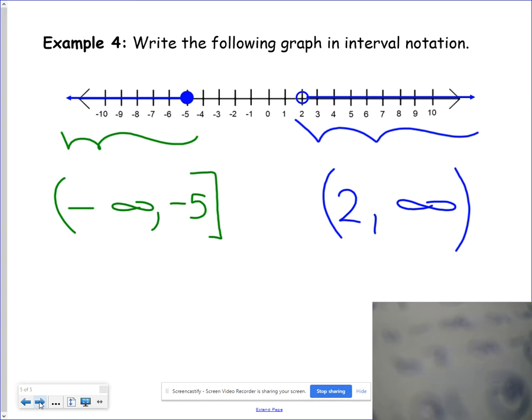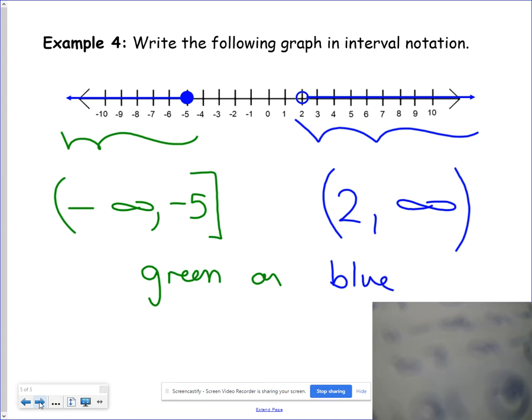Now, I want to write this like a solution set. I want a set of numbers that represents this graph. So the solutions are either the numbers in green or the numbers in blue.